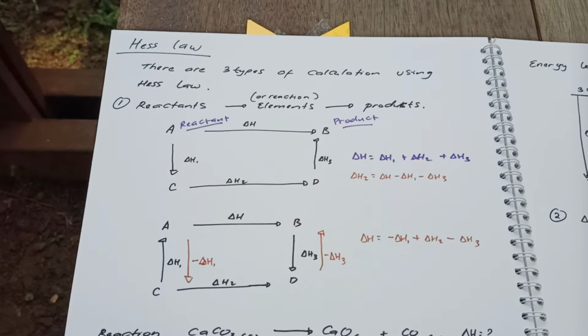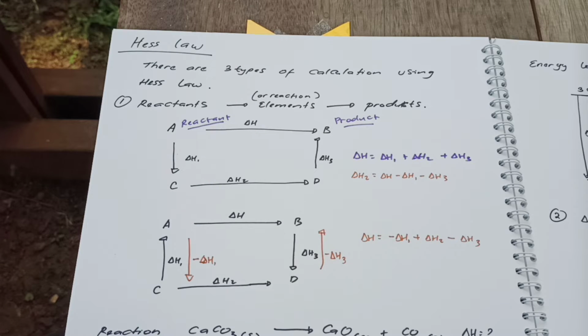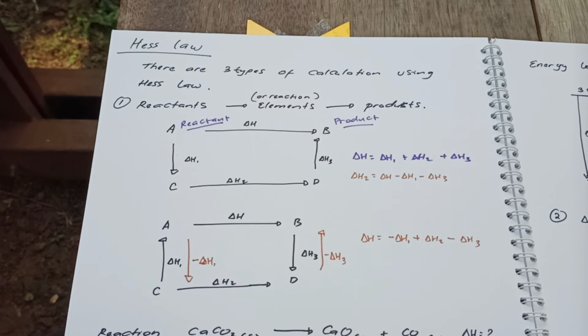Okay, I hope you understand the concept that basically you are going from reactant to product. Wherever trip you have to go from A to B, make sure you are following the right track. If you are given the wrong energy, correct the energy by making it minus, by making the opposite.